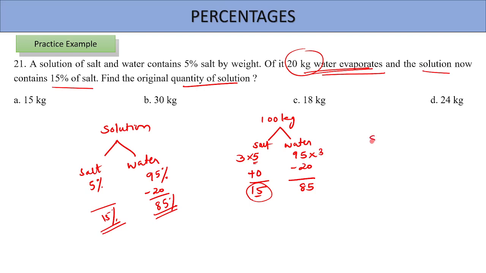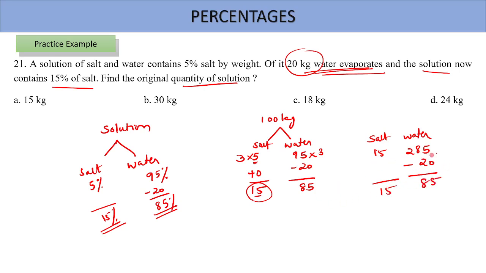So the new quantity which I am getting is 15 kg of salt and 95 into 3, which is 285, of water. And from this I am removing 20. This will be my 15 and this will be my 85.